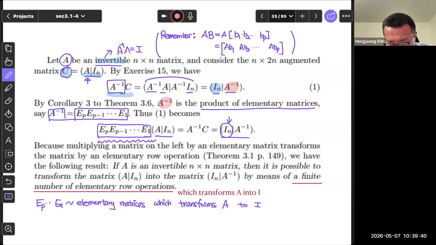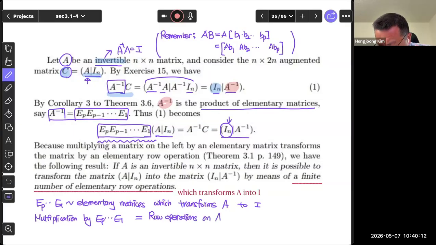Then multiplication by this is equivalent to saying row operations on A to transform that A matrix to the identity matrix.